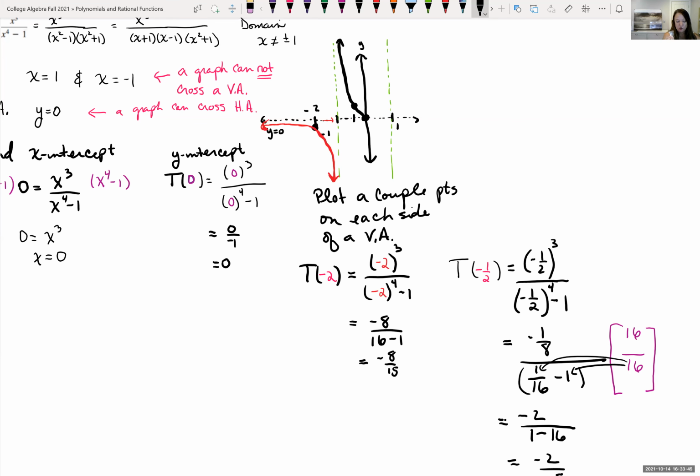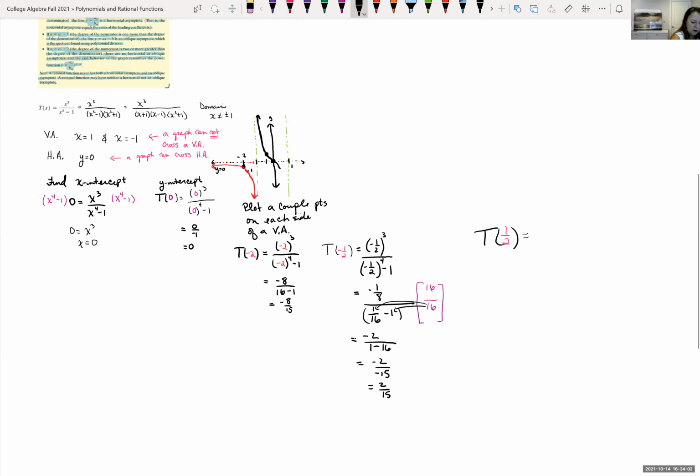But we could test it, right, by plugging in +1/2 and show that the value we get back is negative. So if I looked at t of +1/2, we already did most of the work. This is (1/2) cubed, that's 1/8, all over (1/2) to the 4th power is 1/16 minus 1.